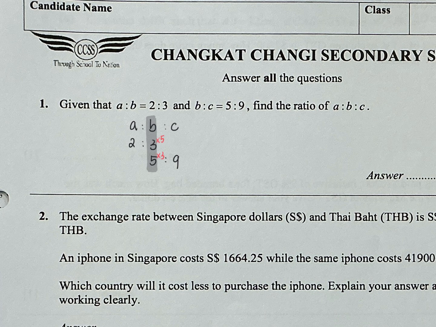This one I must multiply by 3. But the one on the same level, you must multiply them in the same way. So this one you should also multiply by 3. This one at the same level, you should also multiply by 5. You cannot anyhow multiply. You want to change them in the same way.